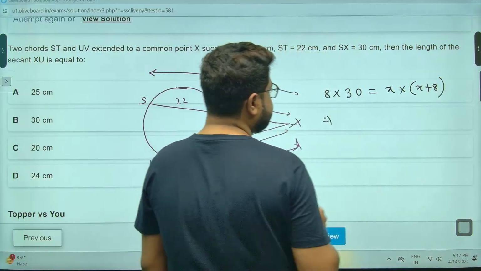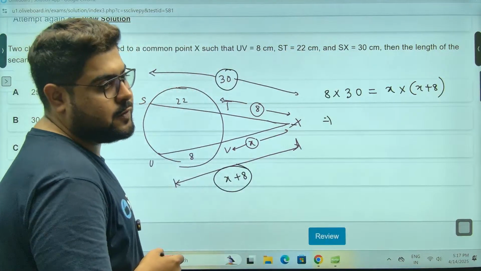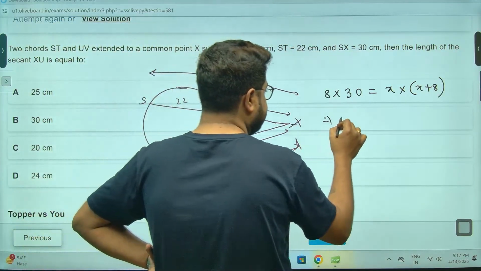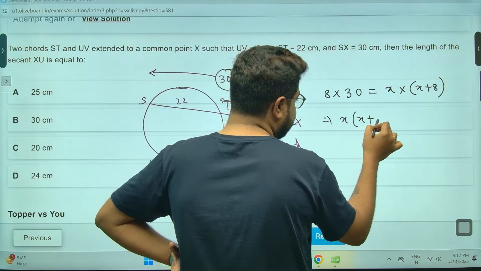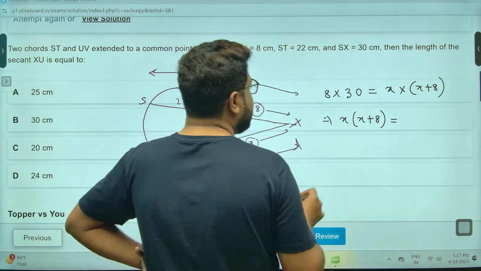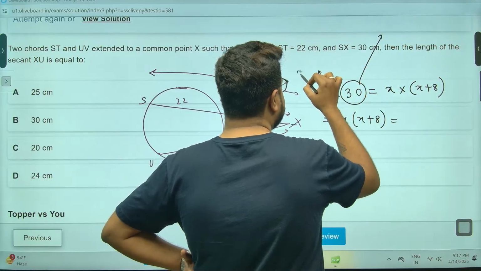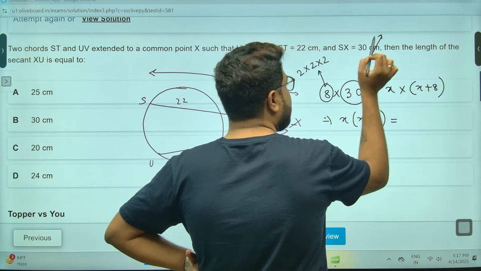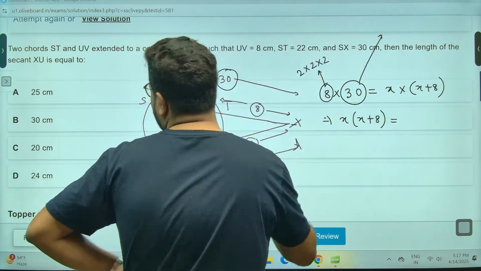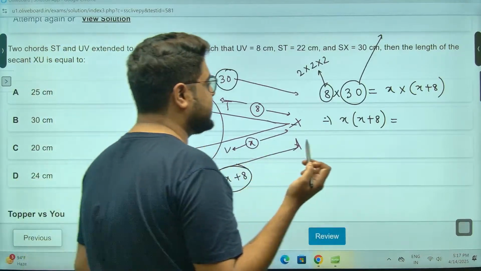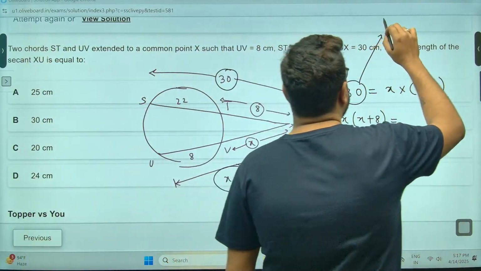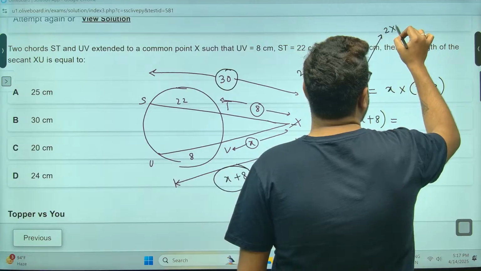Do not solve, please. x into x plus 8. Please try to break these two things down. So this means 2 into 2 into 2, and this is 2 into 3 into 5.